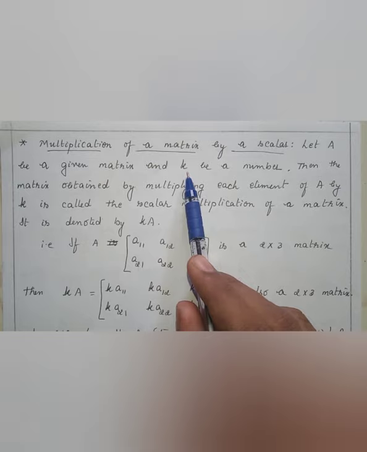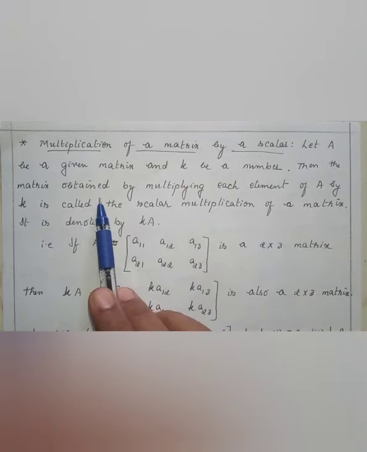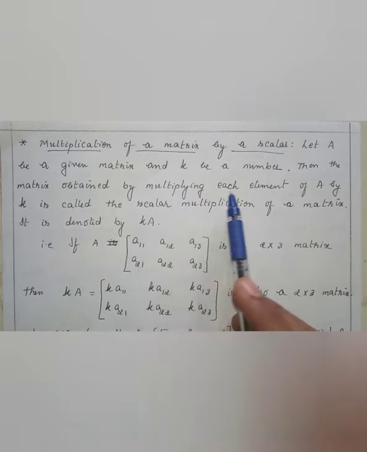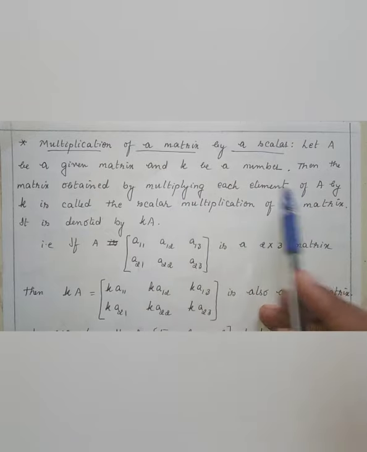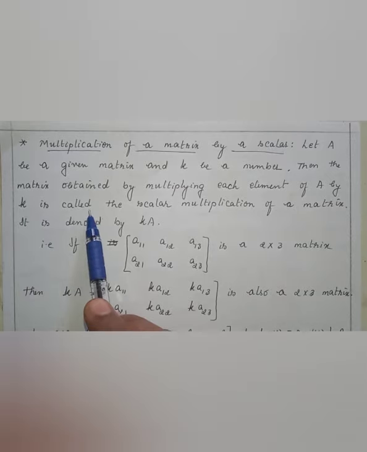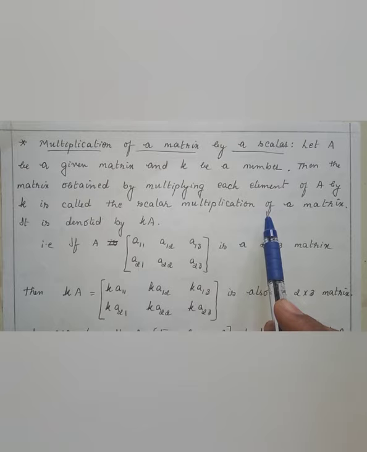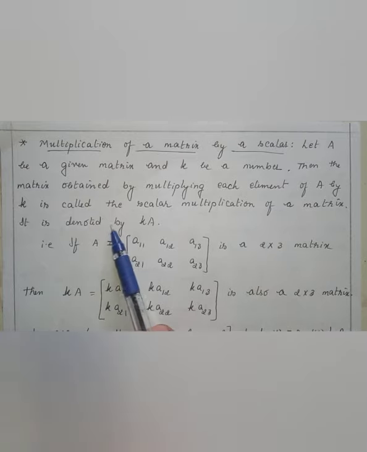Therefore, K is a non-zero number. Then the matrix obtained by multiplying each element of A by this non-zero constant is called the scalar multiplication of a matrix and is denoted by K into A.